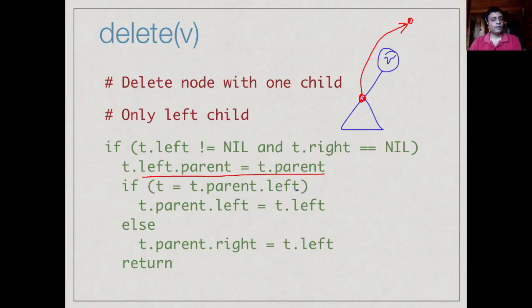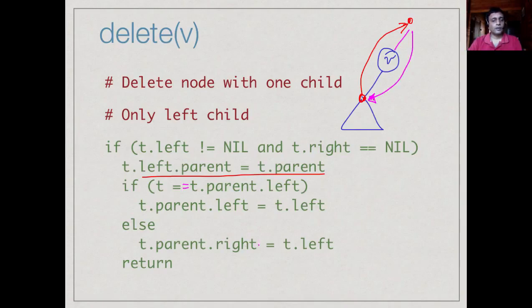Then we look up and we decide whether this is a left child or a right child. So supposing the node we have is sitting to the left of its parent, if t.parent.left is t, then what we do is we make this point directly here.